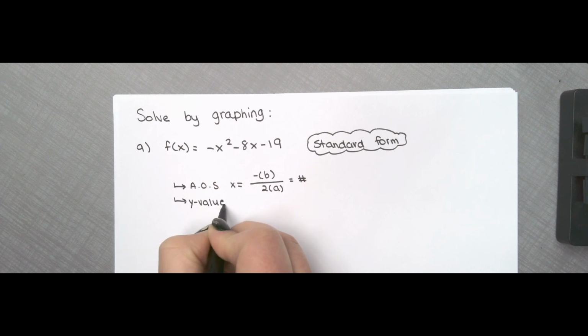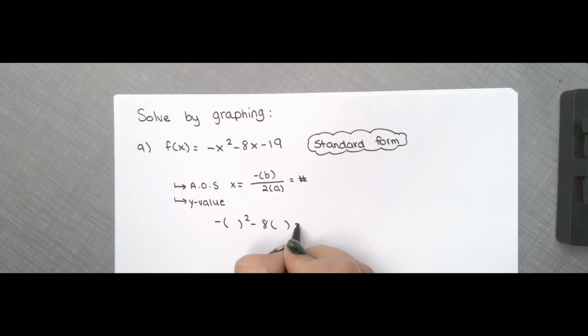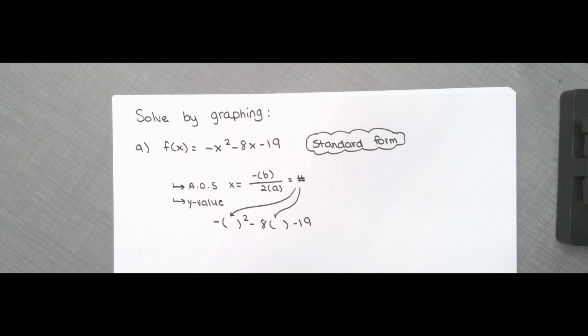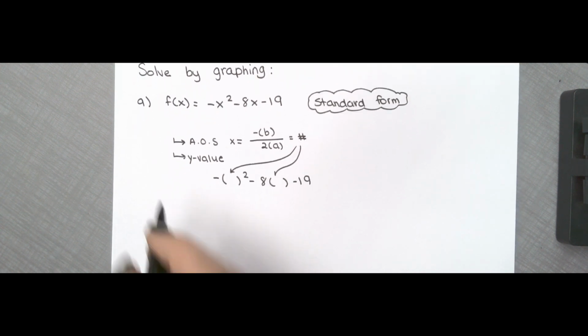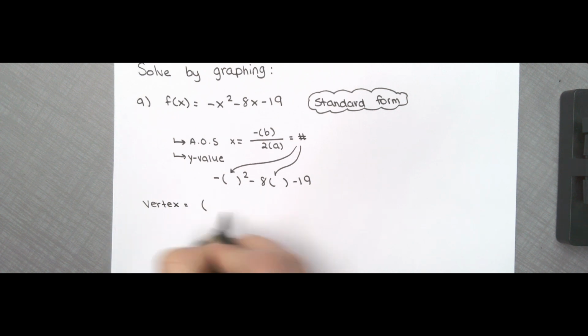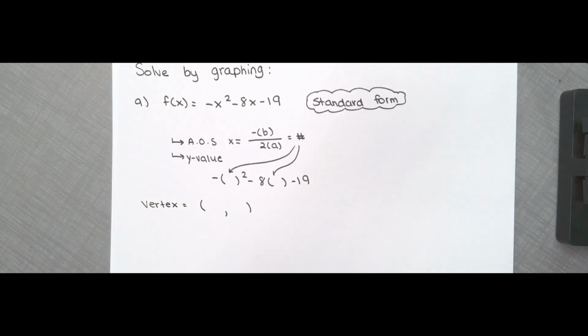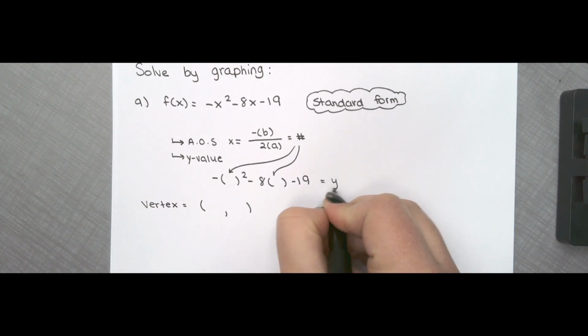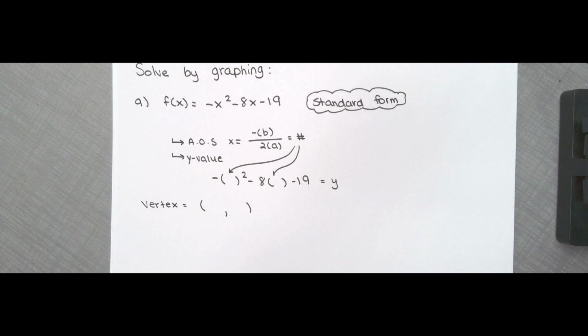Your y value is when you plug in your axis of symmetry x value into your equation. This will give you your vertex. Once you have your vertex, then we can use your axis of symmetry and your y value to find out your graph.